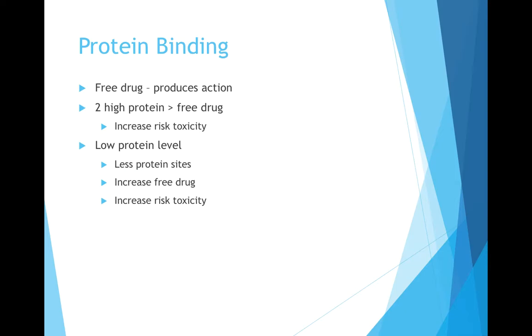Okay, so if we have a patient that takes 2 or more highly protein bound drugs, it'll increase free drug of one of those because there's only a limited amount of proteins it can attach to. And in those patients, we're concerned with drug toxicity. We also have to think about patients who have low protein levels, that they're going to have a limitation of proteins for that drug to attach to. That will also increase free drug and also have a risk for toxicity.